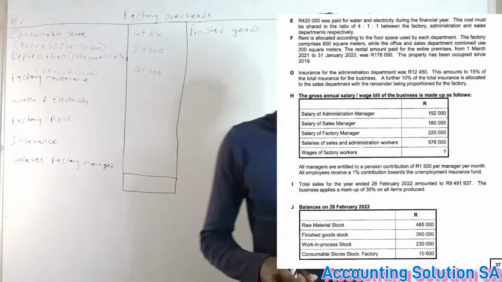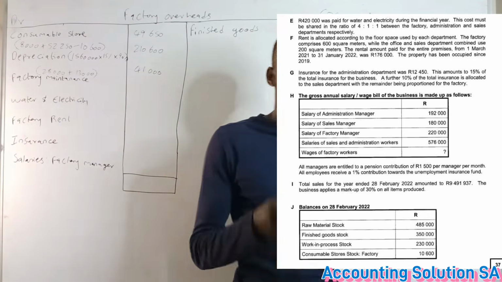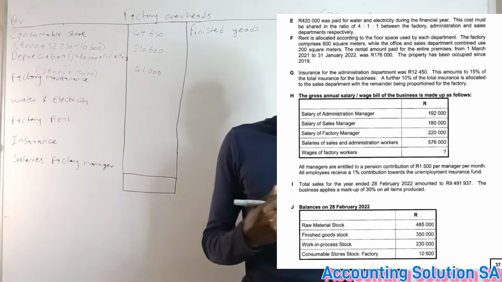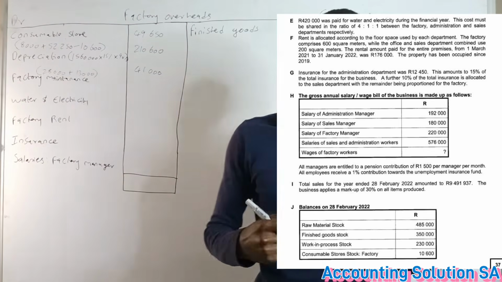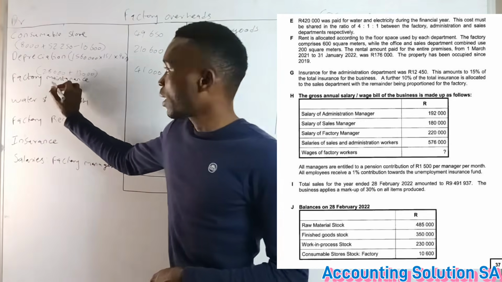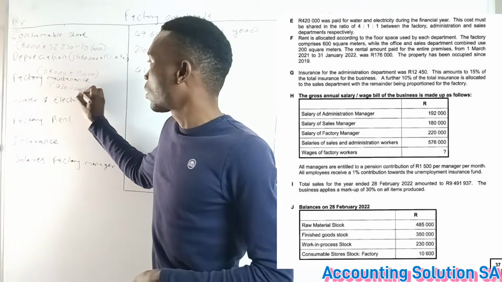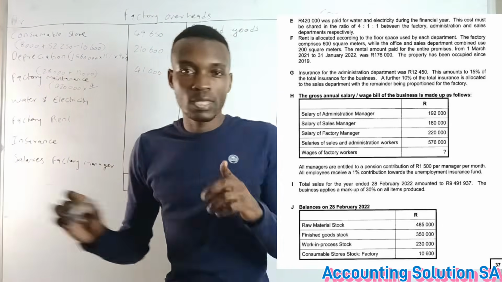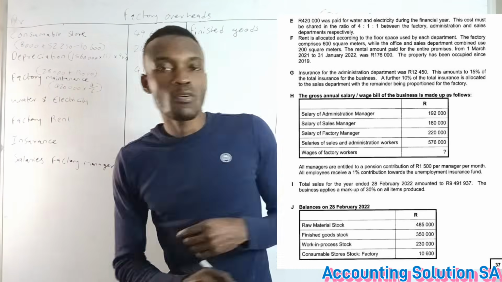Alright, so in total we have a ratio of 6 because we have 4, 1, and 1. In this case we are looking for only a factory because we are preparing for factory. We are not preparing for admin or sales department. So what do we do? We open a bracket. We say 420 multiplied by 4 of factory out of 6. Why do we assume that 4 is for factory?